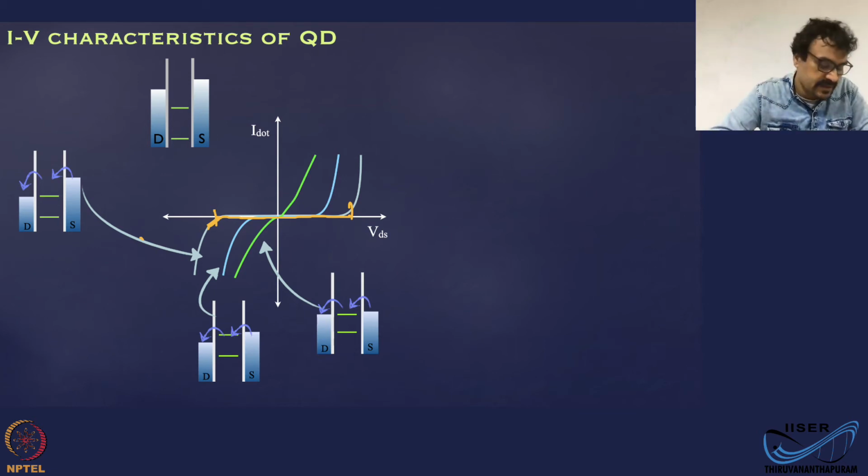Okay. So you can apply gate voltage and push these levels up at a lower bias and get this level within the window and turn on that device at an even lower voltage. Okay. And finally, you can get more or less linear, ohmic behavior. Okay.